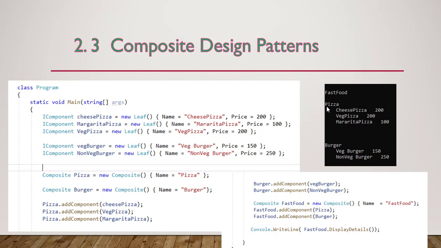First the name is fast food, then the sub option is pizza, which has sub options cheese pizza, veg pizza and margherita pizza. The same for burger, which has veg and non-veg. So all this information is printed with fast food. Fast food is the composite which encapsulates all this information and composes all these classes, and you can work with fast food to call all the other classes. This is how the composite design pattern works.